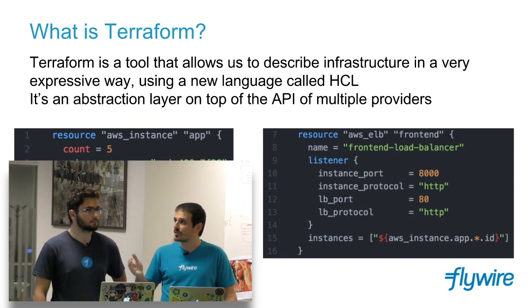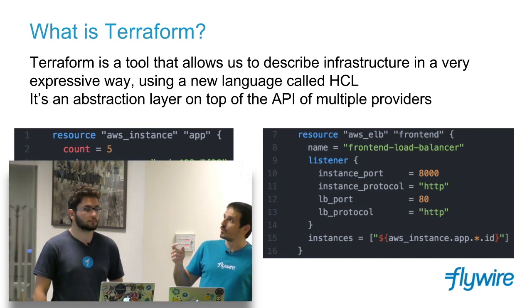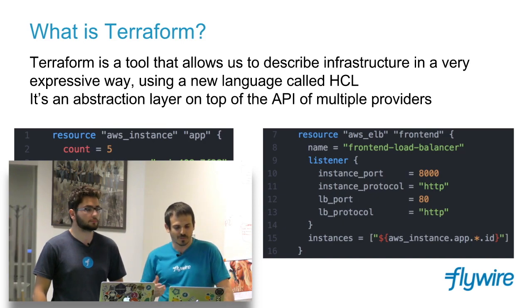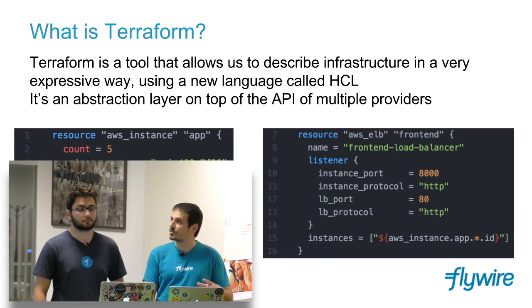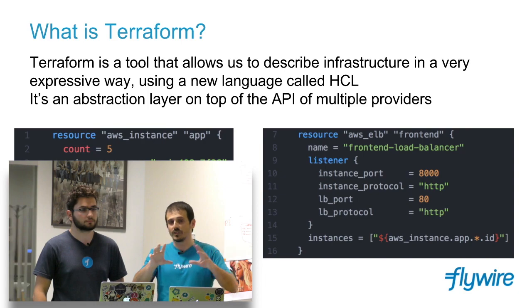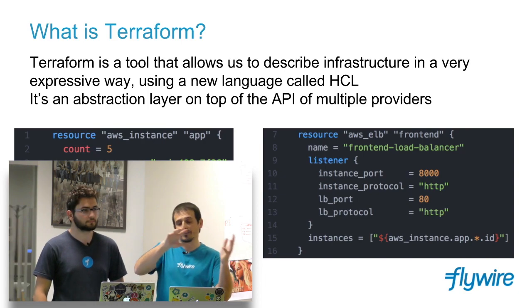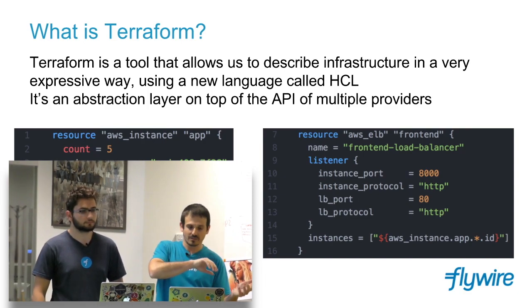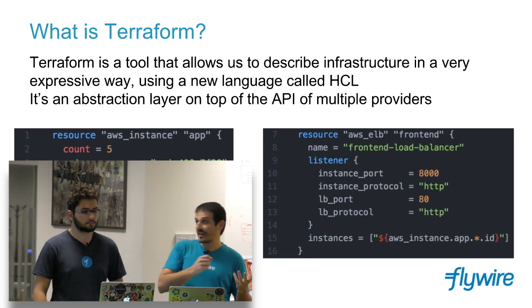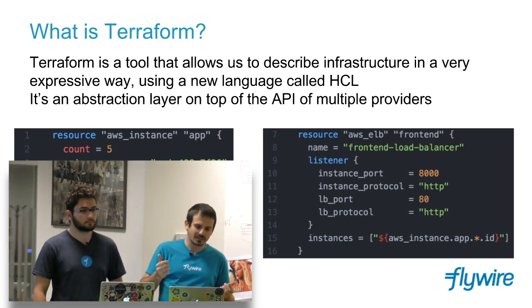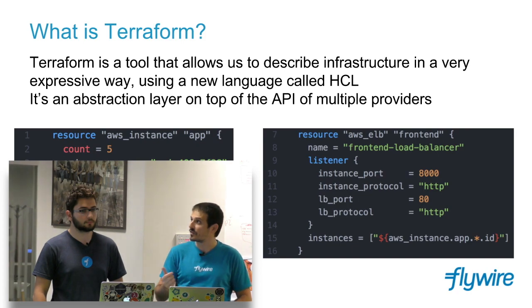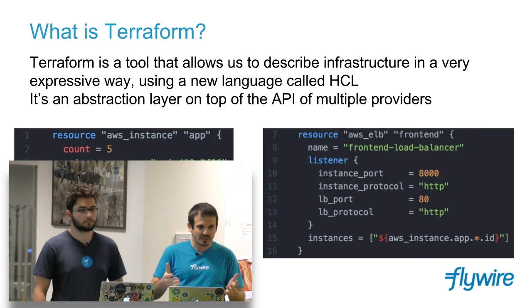Why not use JSON or YAML, for example? HCL is the response from HashiCorp to try to be somewhere between a human-friendly language and a machine-friendly language. It's designed to be written by humans, but it also allows machine-friendly input such as JSON.